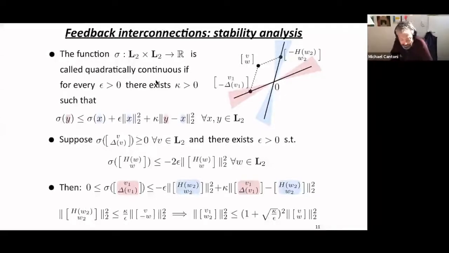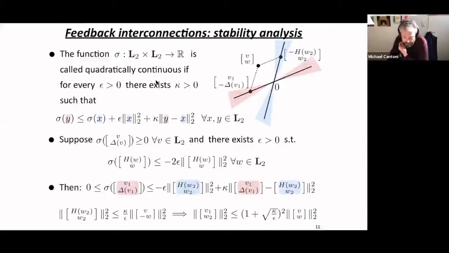So if we just take Y here to be things in the graph of delta, even though this one is the graph minus delta, and X to be things in the graph of H, I could write down this inequality just on the basis of these two conditions holding. So this shows that this is non-negative. I'm now going to replace this by this and then add it to this, and so I'll get a minus epsilon times this plus kappa times this when I put Y equal to something from the graph of delta and X equal to something from the graph of H.